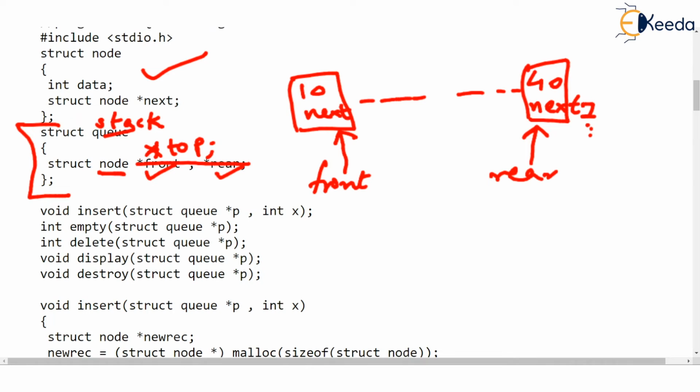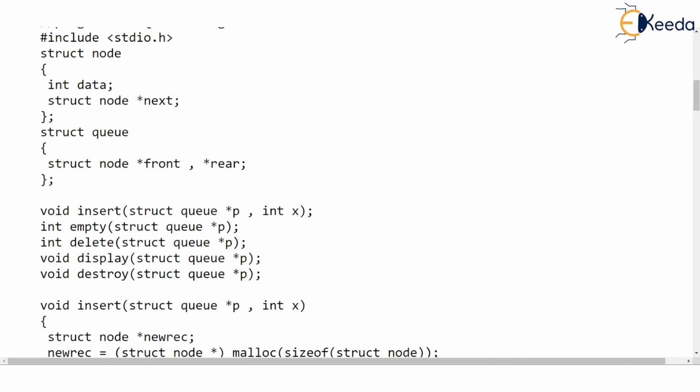Push and pop occur only at one end, whereas deletion in the queue occurs at front. This person will get deleted frontmost because frontmost person should get out of the queue first, and any insertion will occur at rear end. If we are adding 50, 50 should follow 40. So we need two pointers in the queue.